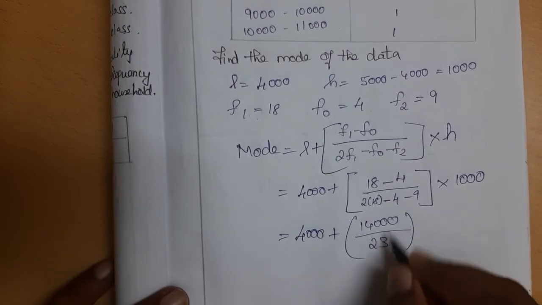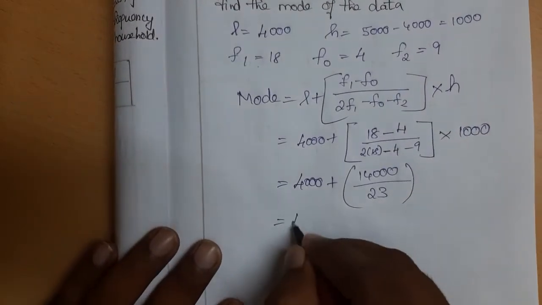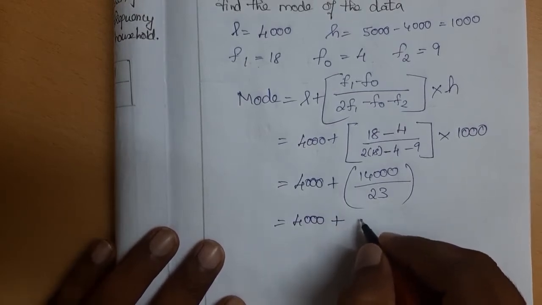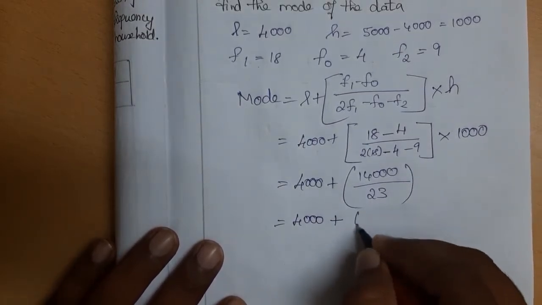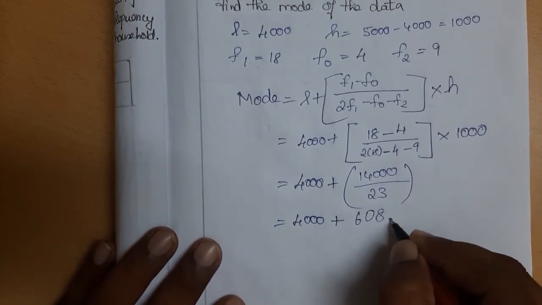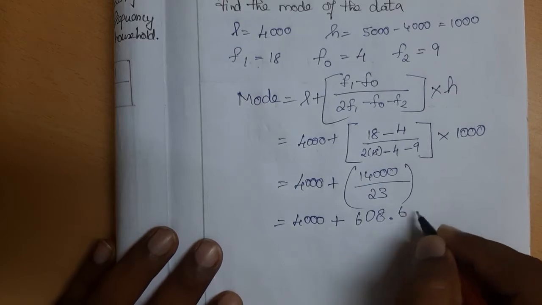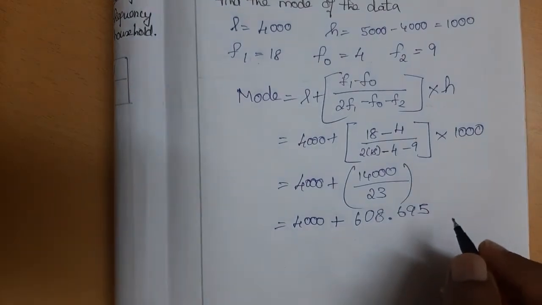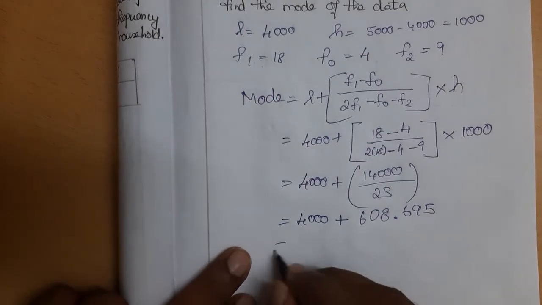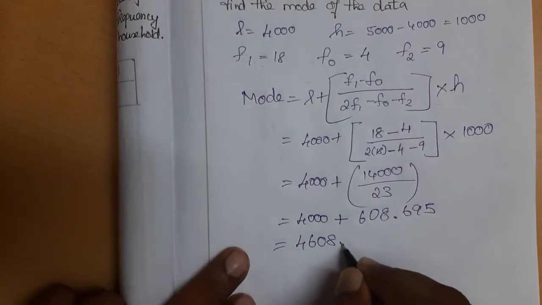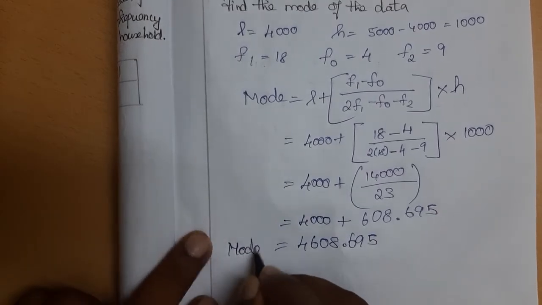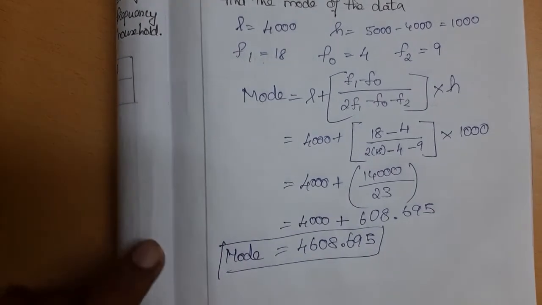Yeah, so just divide this and we can add it to the 4000. 4000 plus 608.695. Okay, so just we can add both, then we'll get 4608.695. You can stop at the 4 decimal point. This is the required mode.